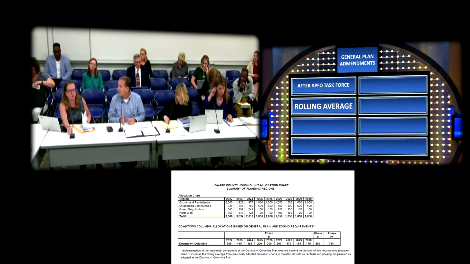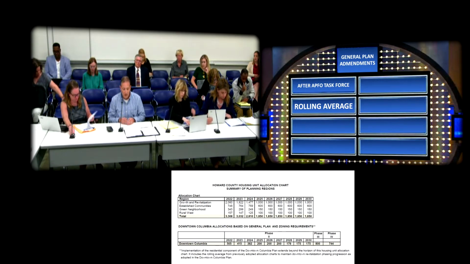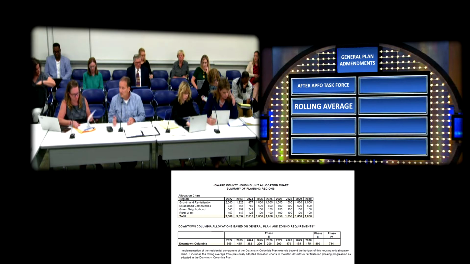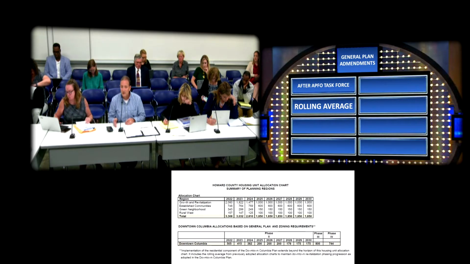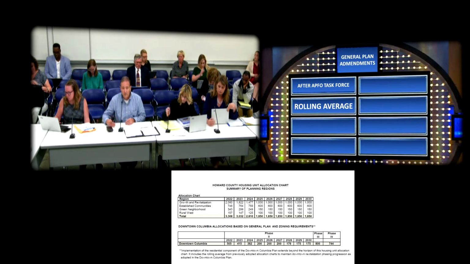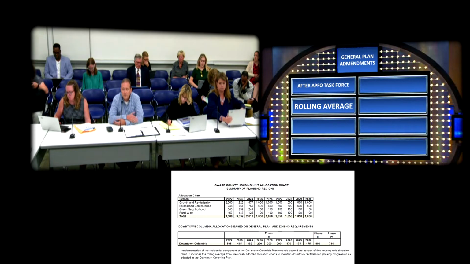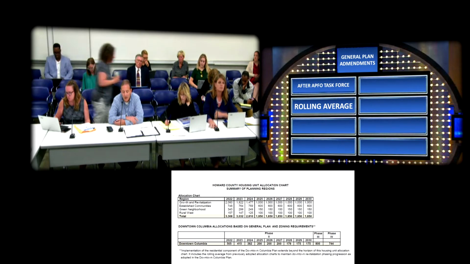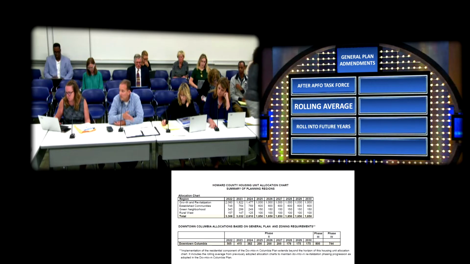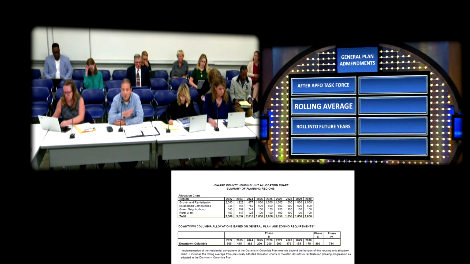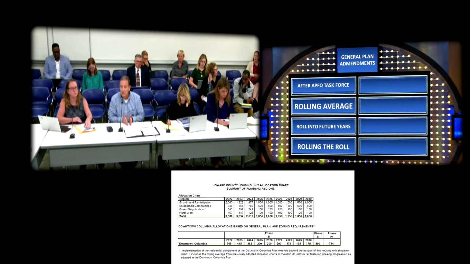The chart shows 1,850 units a year, and development's not smooth. Sometimes you get less than that, and so the intent of the regulations is if you don't use them all, you roll them into the future years. Now, the problem is, since we haven't been achieving those totals, we've been rolling since 2012. So the number's been building up and up and up.